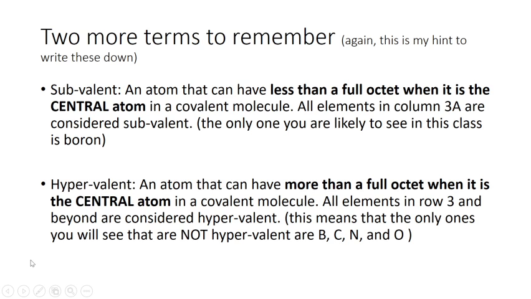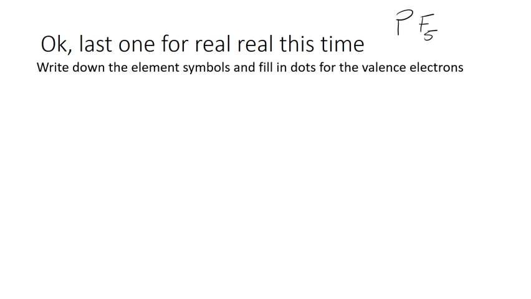Okay, so we'll do one more. We're going to take a look at phosphorus pentafluoride. First thing, again, write down the elements. Phosphorus, column 5A, 5 valence electrons.